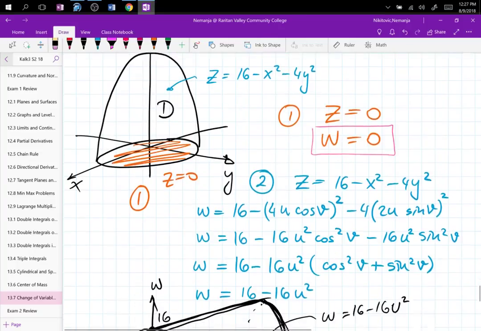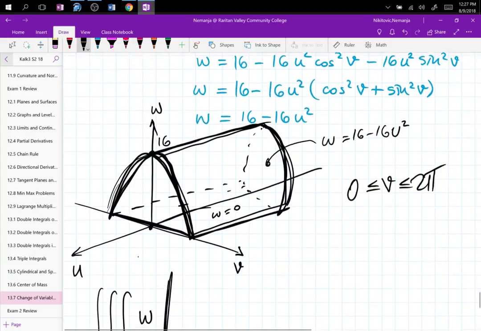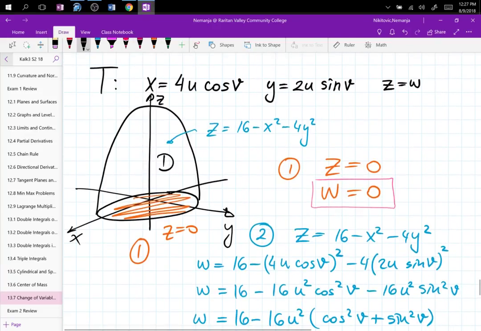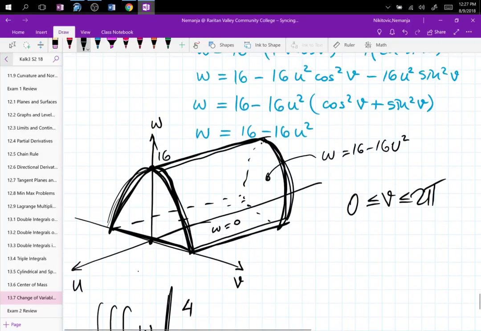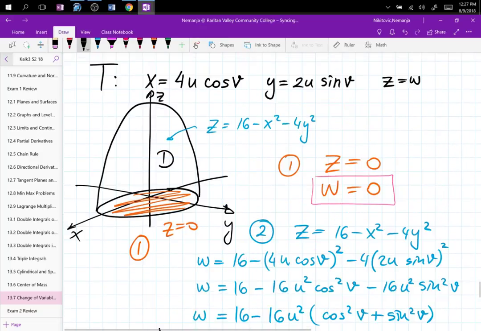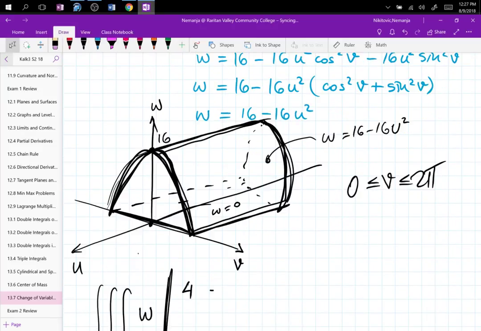Our function was z, so that's just w. Now we need our Jacobian. Jacobian is going to be like this. Partial x, partial u, that's a 4. Partial x, partial v, that's negative 4u sine v.